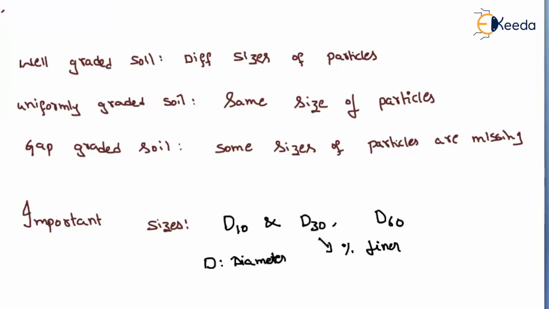That means if I am talking about D10, I am talking about the size of the particle which is finer than 10%. Like as we have seen 4.35, 2.36, 1 mm like that. So D10 is nothing but a size on which the soil is finer than 10%.